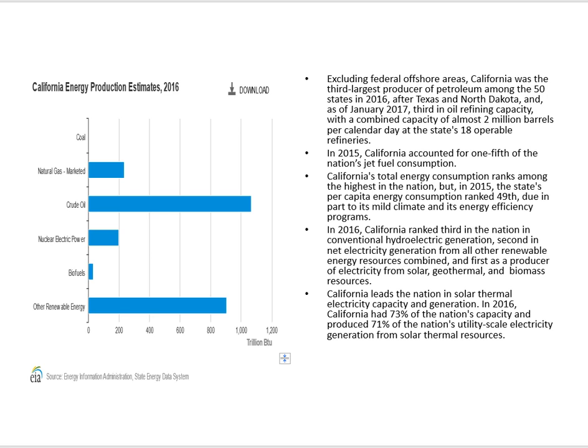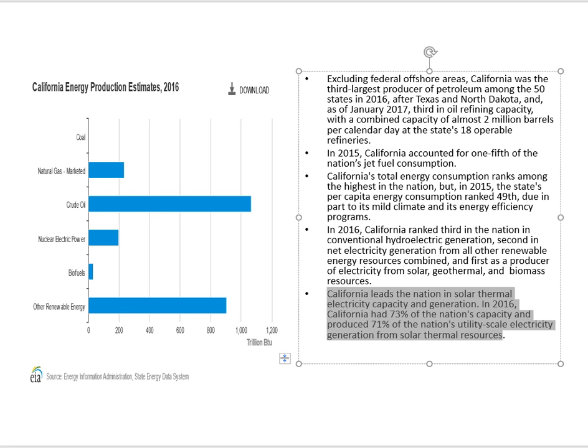We lead the nation, right here, you can see the highlight, in solar capacity, energy produced from solar energy. Roughly 73% of the nation's capacity comes from solar energy. We are also up there in hydroelectric generation, and second in net electricity generation from other renewable sources. And first as a producer of electricity from solar, geothermal, and biomass.